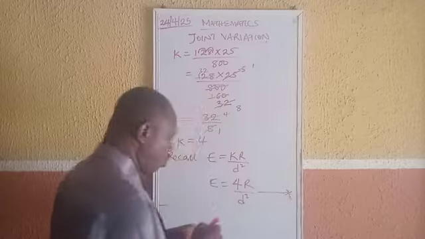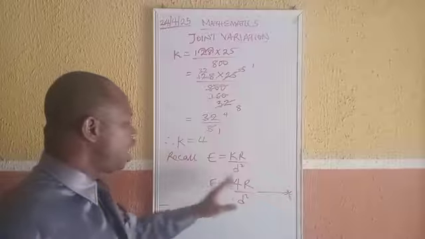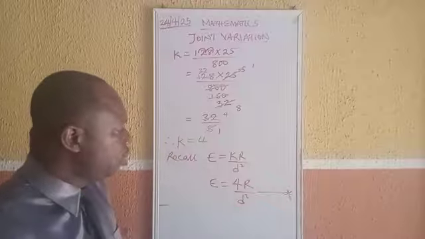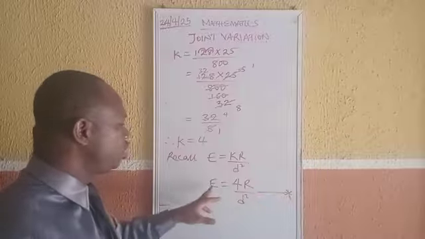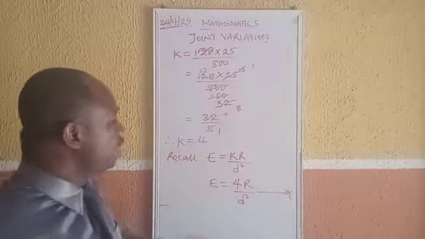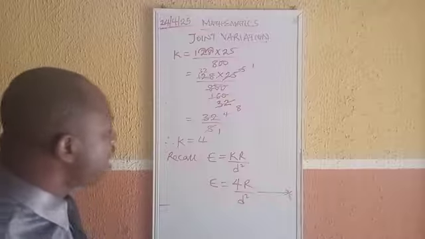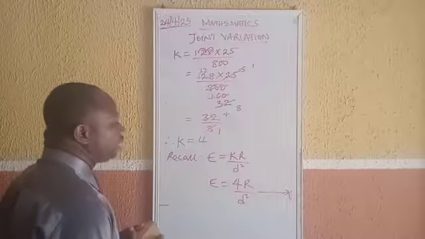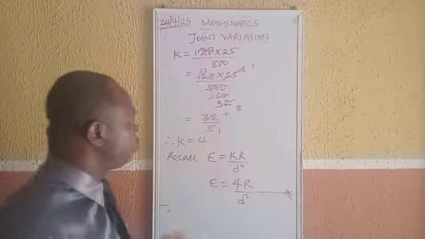This is the relationship or law between E, r and d square, or the law of variation or law of proportionality between E, r and d square. From this line, we will now be able to solve the two questions we are asked, Roman figure 1 and Roman figure 2. Let me give you a few seconds to take this down.